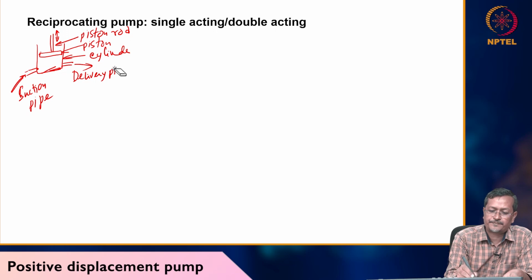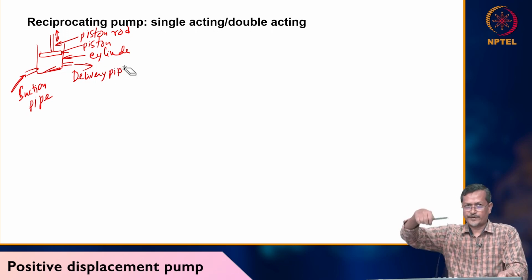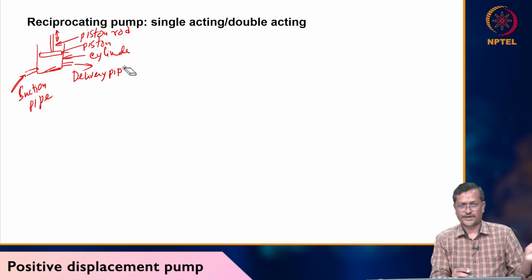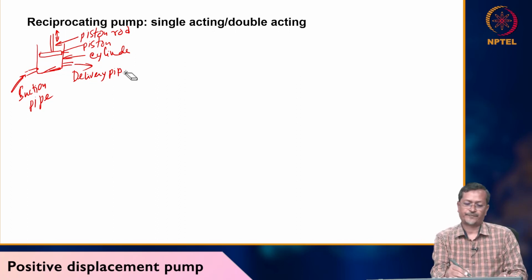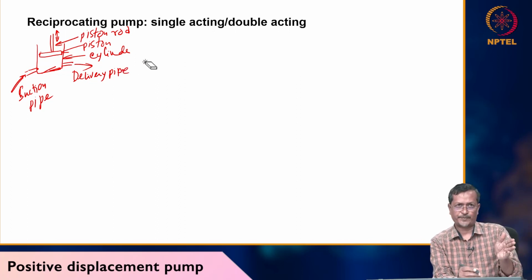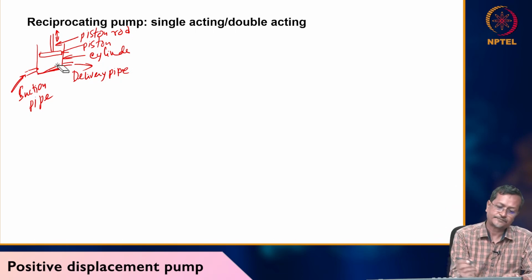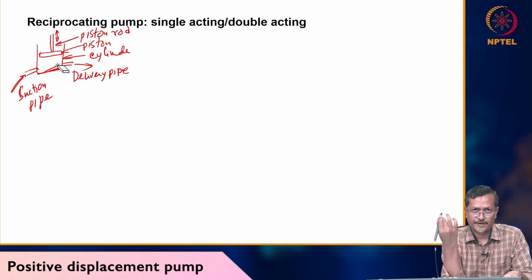So whenever we are moving up and down, the suction pipe will be sucking fluid, the delivery pipe will be delivering. And on the suction side, one valve will be there. During upstroke only it will be opening. When downstroke, the suction valve will be closed, the delivery valve will be open. So that way reciprocating type pump will be working.